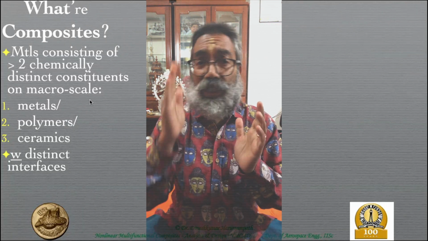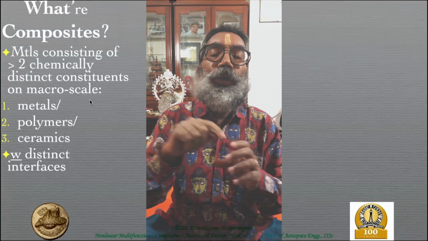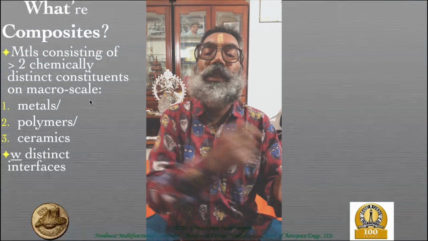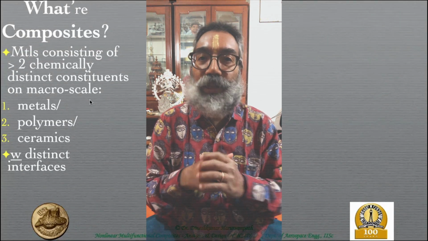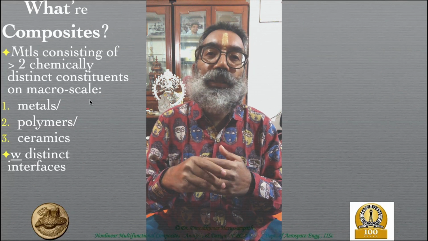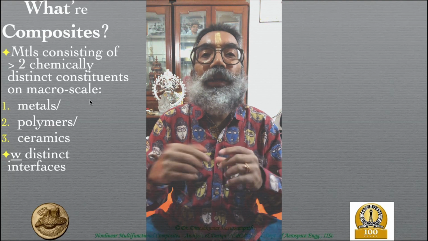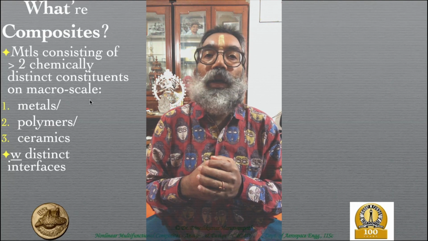And one is from an experimental point of view. When you're doing testing and failure occurs, you observe what has happened to the fiber, what has happened to the matrix. Not only that, but you also observe what has happened to the interface. Similarly, when you're doing an analysis, let's say using finite element analysis, you typically introduce certain elements associated with the interface.